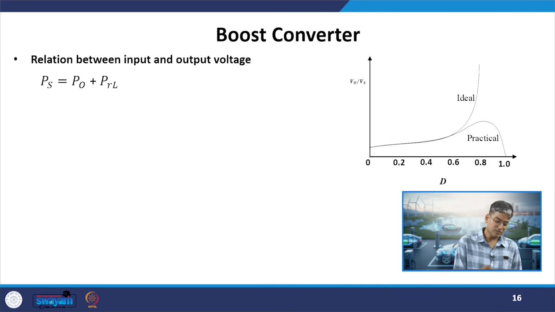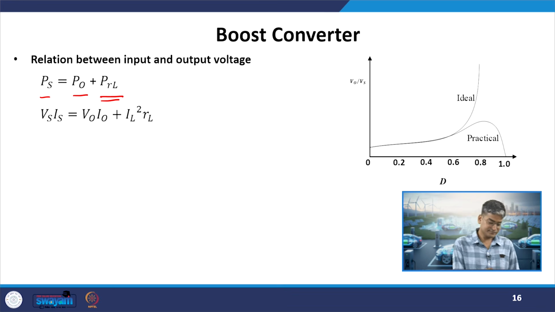Now, the input and output power relation. In the previous case, when we considered everything to be ideal, the input power, the source power, was equal to the output power, but here it will be equal to the output power plus a small amount of loss created because of the resistance of the inductor. So this is Vs Is equals V naught I naught plus the loss.